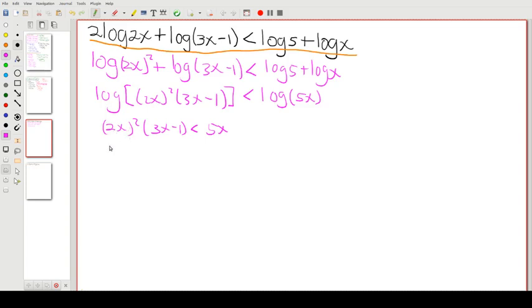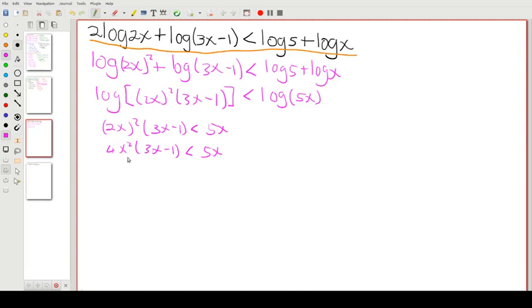Let's multiply this out. Squaring 2x we get 4x squared, and we multiply that by 3x minus 1, still all less than 5x. We could skip a few steps if we like, but for completeness' sake, we'll do everything.